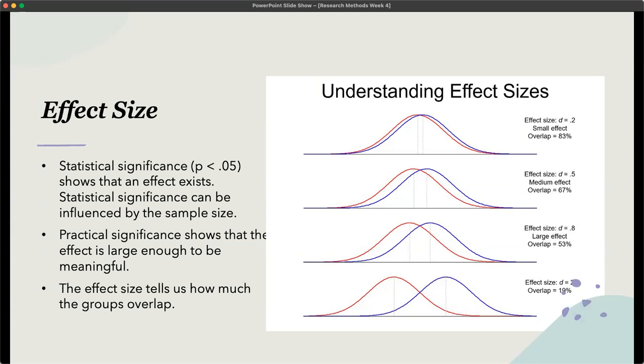So the effect size tells us how much the groups overlap. In this diagram here, you can see that with a small effect size, there is quite a bit of an overlap. Whereas when we get down to a very large effect size, the overlap between the 2 groups is quite small.